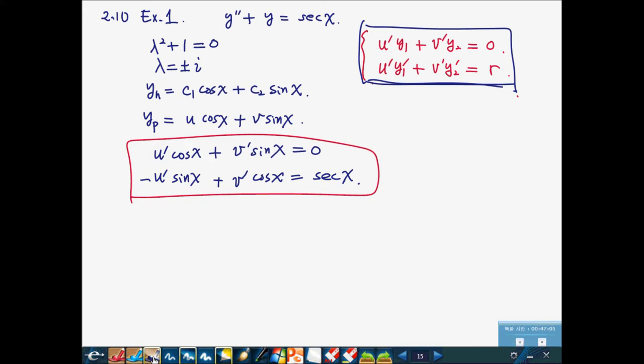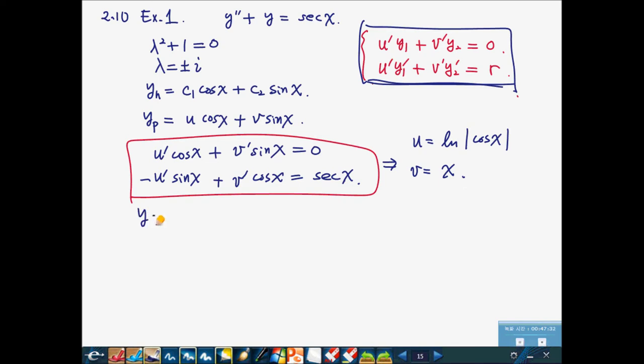Okay, then let me see, so what is it? u is minus, sorry, u is ln cosine x. And v is eventually x.